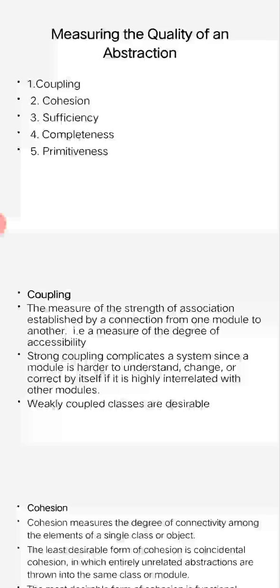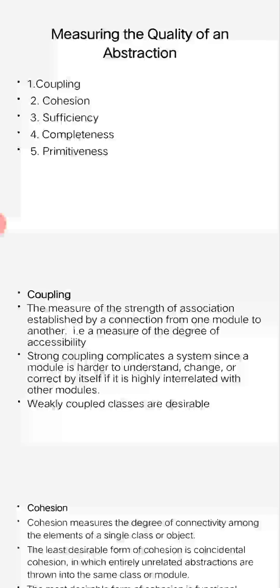If the coupling is very strong, then accessibility becomes difficult. That's why weakly coupled classes are desirable. If you have weak coupling, then accessibility becomes very easy.